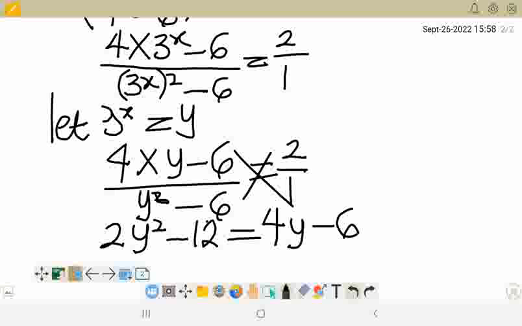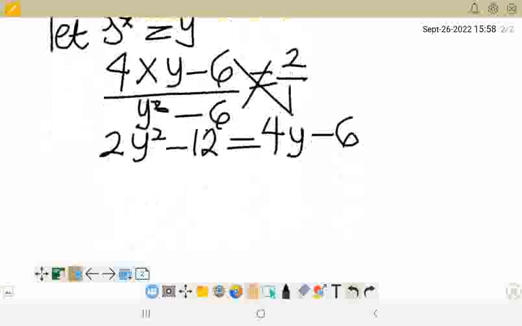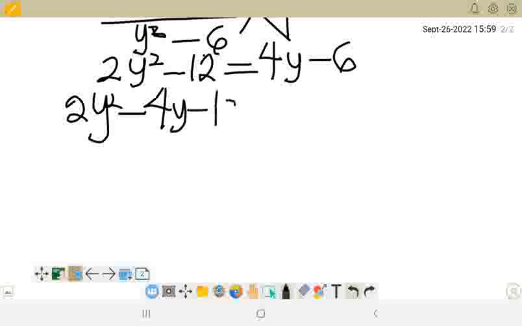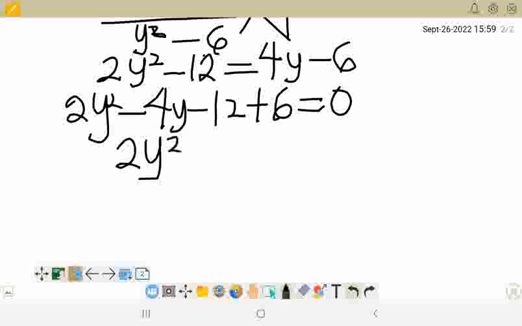So we have 12 on this side. Collecting like terms, we bring down 2y squared minus 4y minus 12 plus 6 equals 0. So we have 2y squared minus 4y minus 6 equals 0.